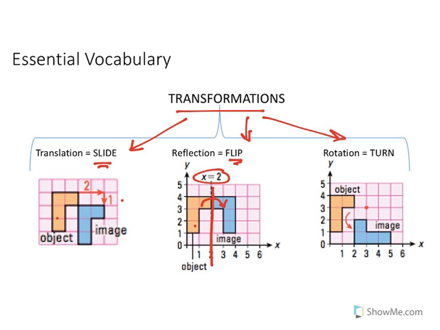And a rotation is simply a turn. So we took the object, this orange shape, and we rotated this shape when the arrow is going that way, anti-clockwise, about this point of rotation, which is on coordinate 3, 3.